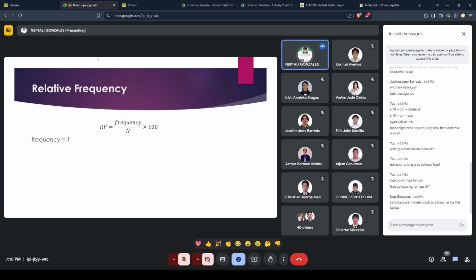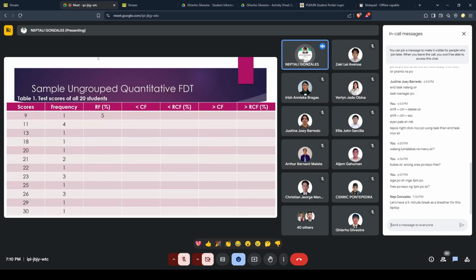In the first case, 1 divided by 20 times 100 is equal to 5%. So all you have to do is to write there 5. So to know the next frequency, 4 divided by 20 times 100, you will have 20%. Since we computed for the next three succeeding frequencies, all are 5%.